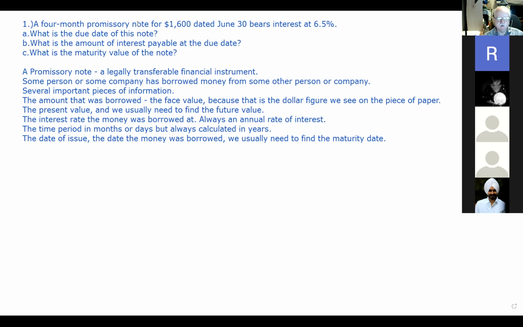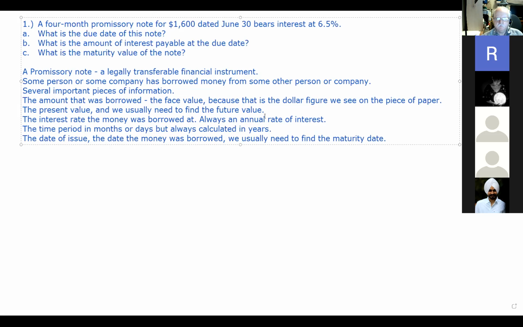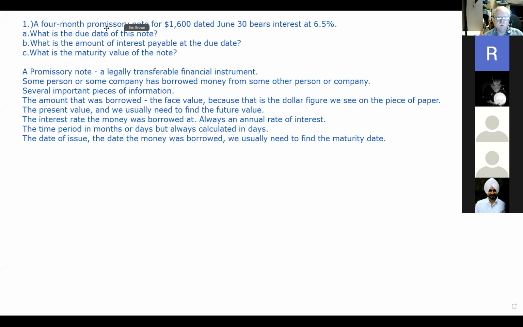Although they've given us months, we need to know exactly. I said always calculated here in years. That's a mistake. Always calculated in days, sorry. So although they've told us months, we need to know how many days that's going to be.